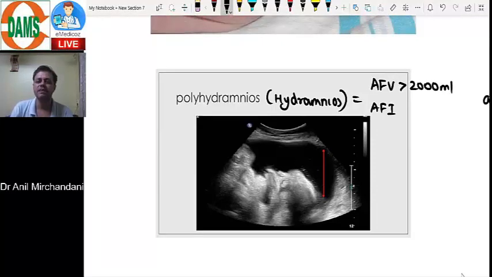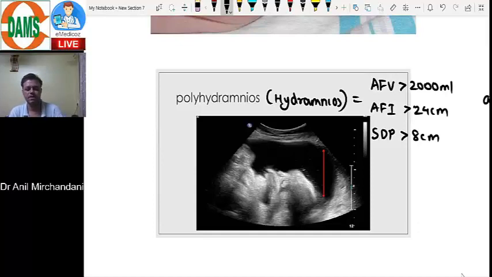Amniotic fluid index more than 24 centimeter, that would be 25, 26, 27. 25 or more is polyhydramnios. More than 24 is polyhydramnios. And single deepest pocket more than 8 centimeter.